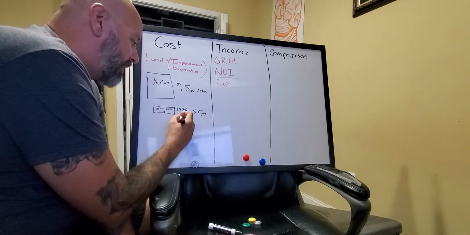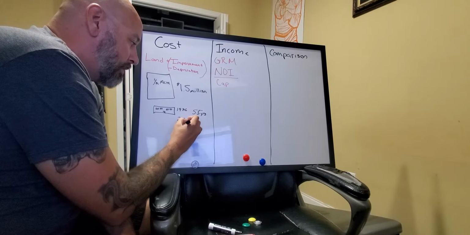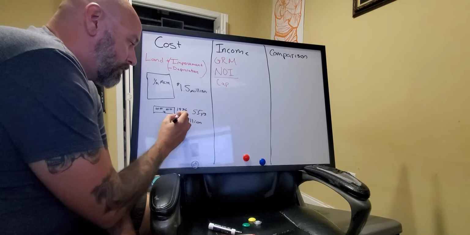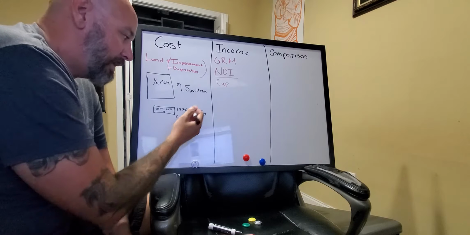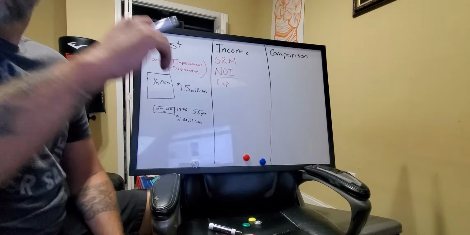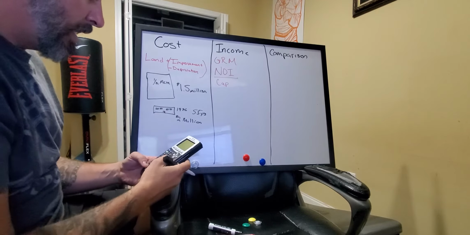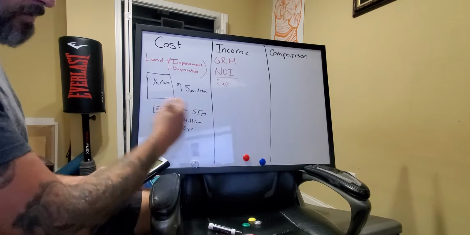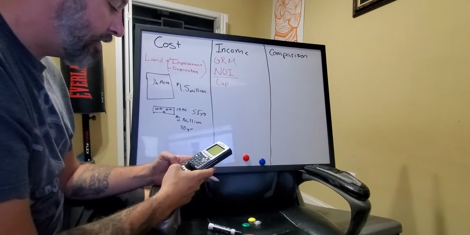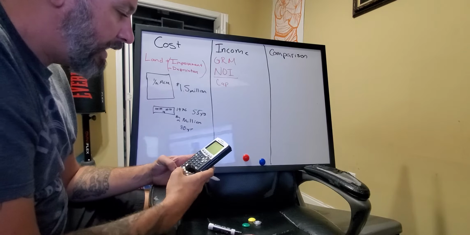So if it cost $2 million to build this building, and that building was set to have an 80-year usable life or economic life, so you would do 2 million divided by 80.